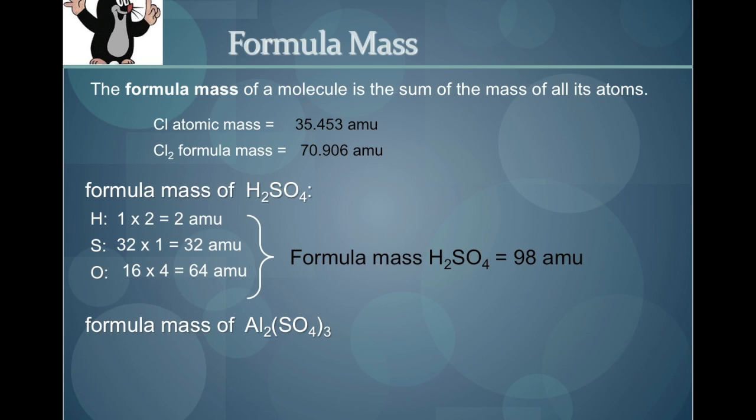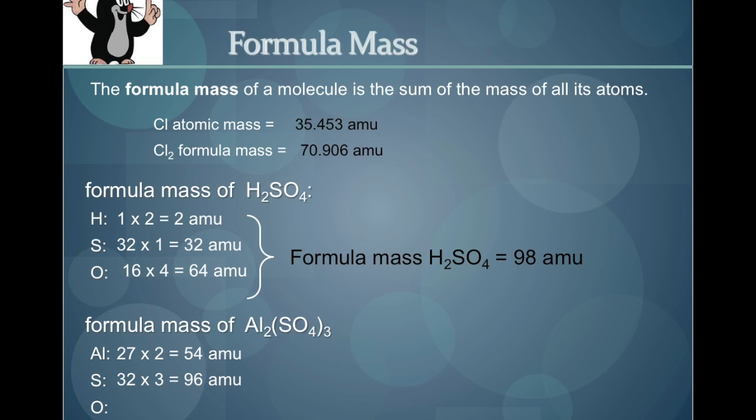And to make sure that we have a charge neutral compound, the ratio is a little bit different. So if we look at this, aluminum from the periodic table has an atomic mass of 27, and there's 2 of them, so that's 54 atomic mass units. Sulfur is again 32, and this time there's 3 of them, so that's 96.